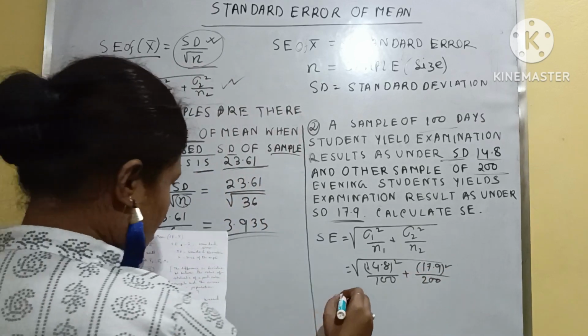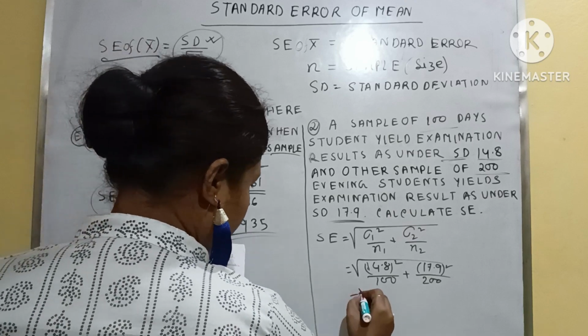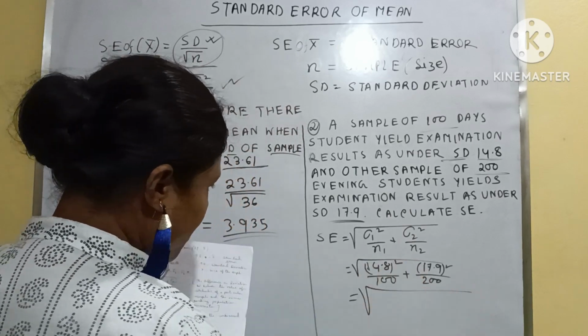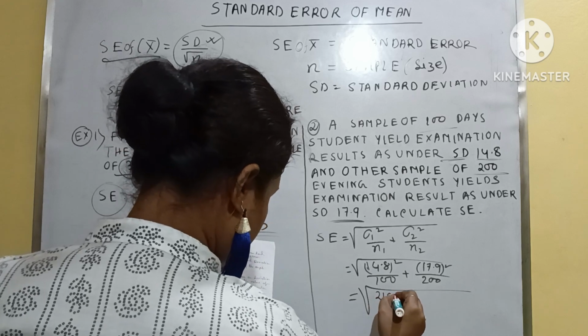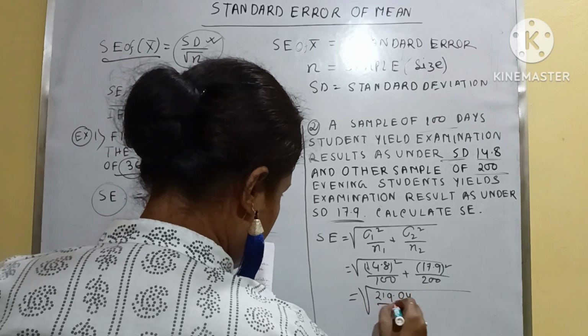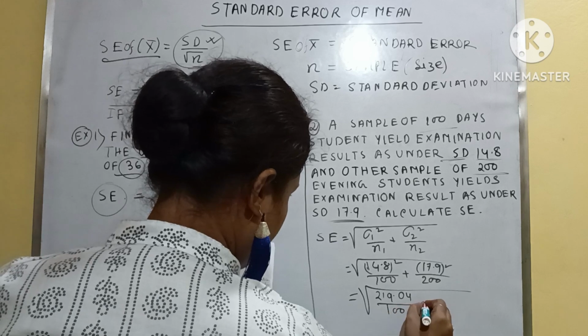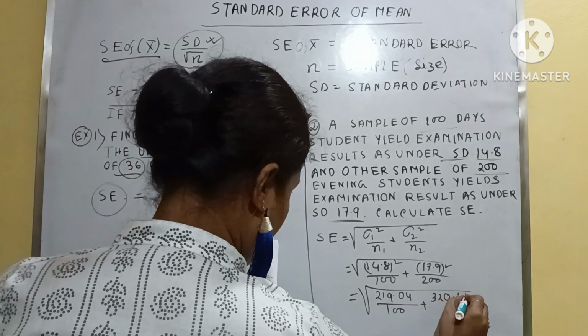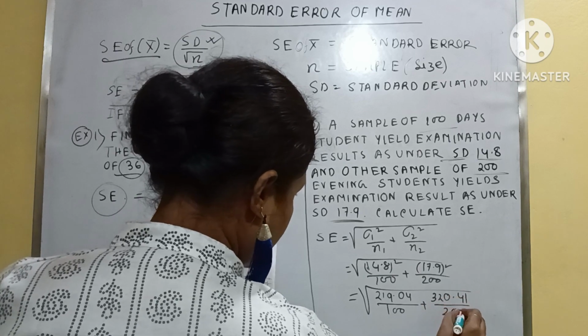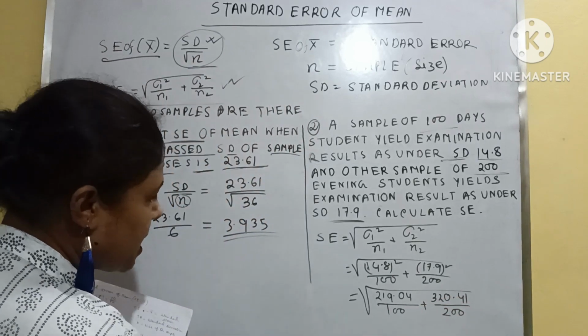Okay, so squaring this 14.8, this is 219.04 divided by 100 plus 320.41 divided by 200. Okay, I am continuing this one on that side.